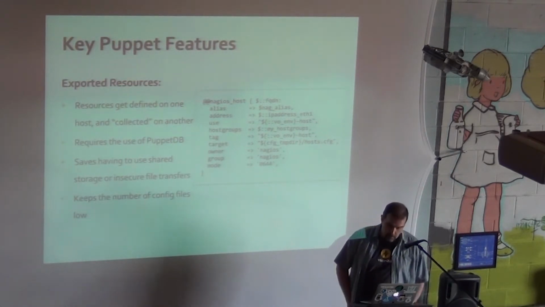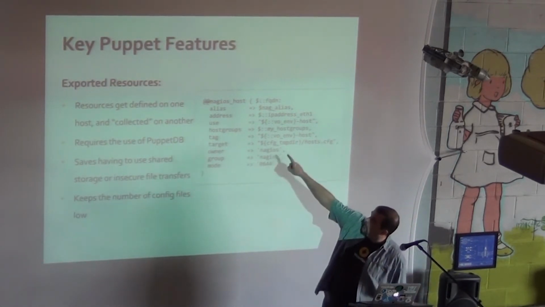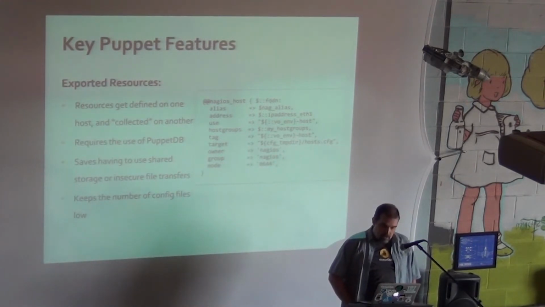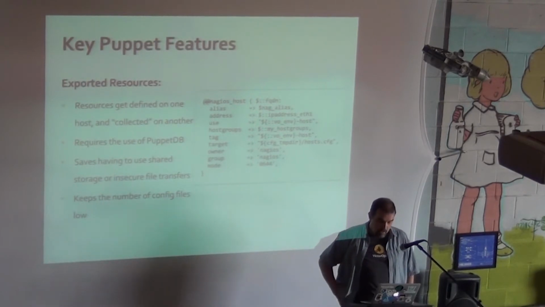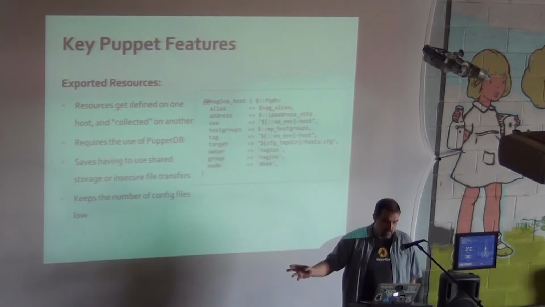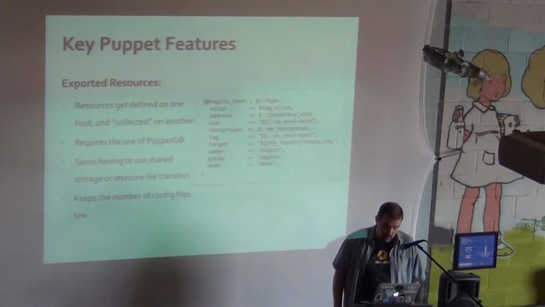But the resource has been called with the two @ symbols right there at the resource type, see? And that means that instead of trying to render the resource in the config file itself, when the host renders the resource, it's going to store it in the Puppet DB and tag it as an exported resource.